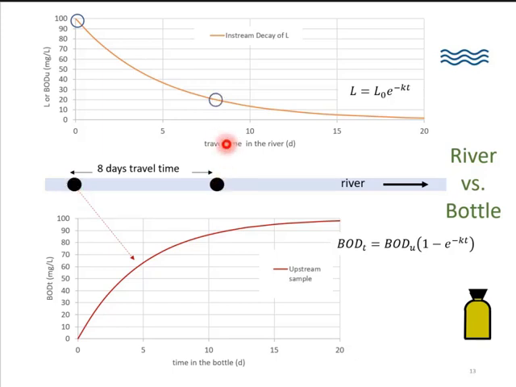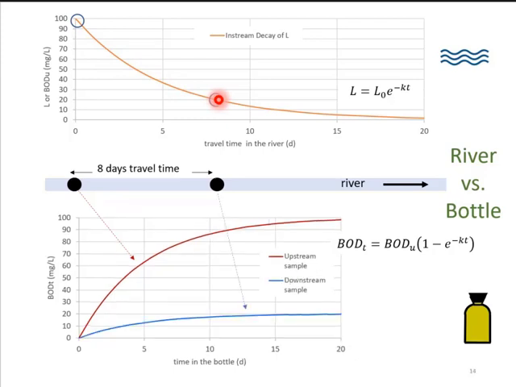Well, at this point, we should expect that the organic material that was 100 at the beginning has declined quite a bit. And in this case, it's around 20. And if I were to take this water sample and put it into a bottle test, I would get this curve. So notice that this curve is flattening out at BOD 20, or ultimate BOD 20.